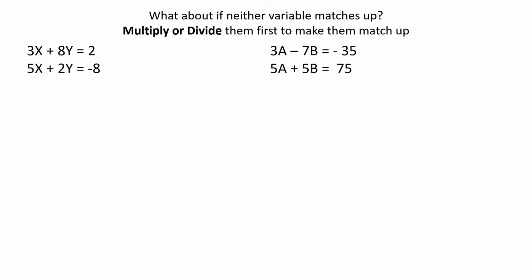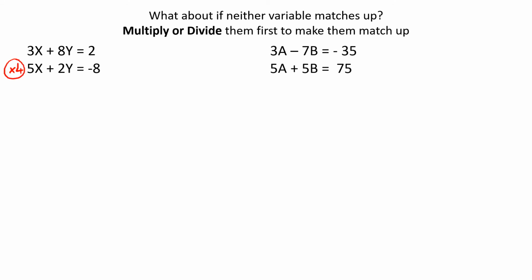So what we do, and this is the last bit of the simultaneous puzzle, is we can multiply these equations to make them match. The easiest way to make this happen is to make the y's match up by multiplying this bottom one by 4.